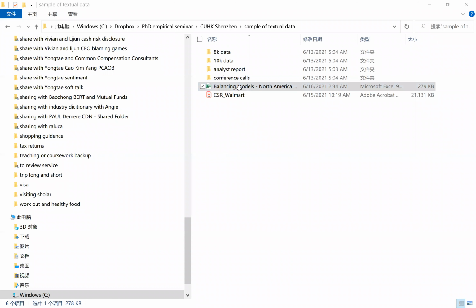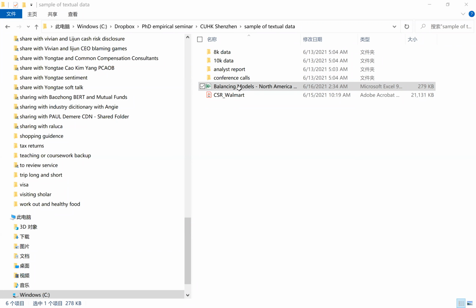Can you guys see my screen? These are the data variables available for you to do analysis.